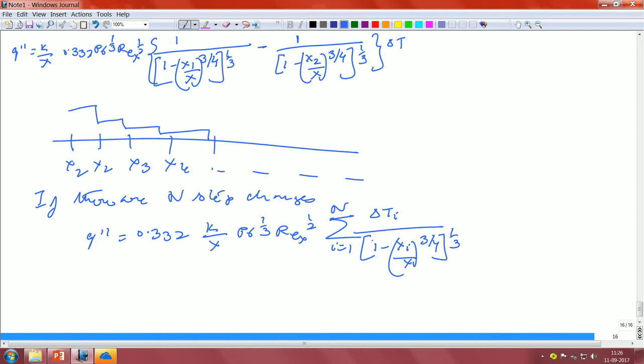You can add all the steps, whether delta T1 is negative or positive, in whatever way you want.